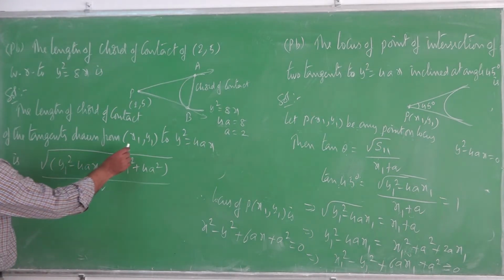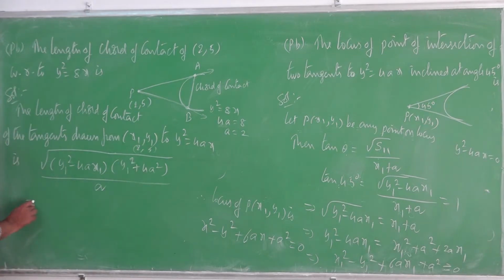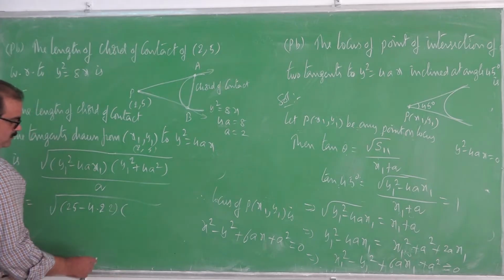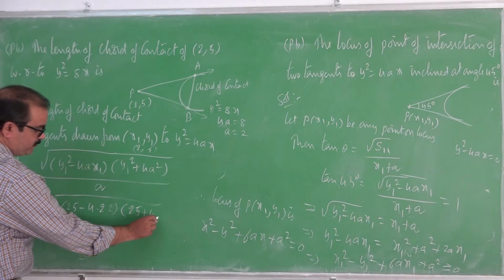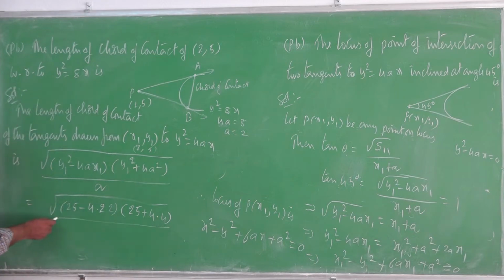In this, what is x1, y1 given? 2 comma 5. Substitute. Root of y1 square. What is y1 square? y1 is 5, y1 square 25, minus 4 into a, a is 2, x1 is 2. Next into y1 square, 5 square 25, plus 4 into a square, a is 2, a square 4, by a is 2.